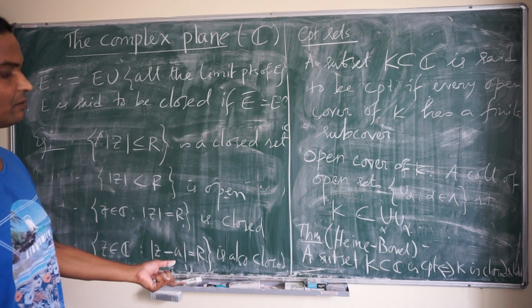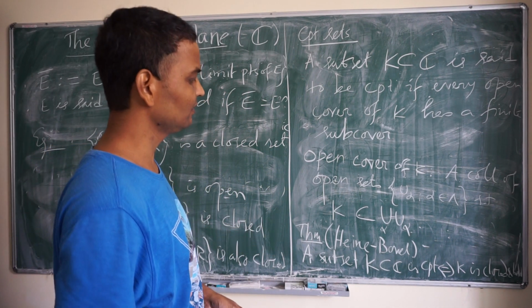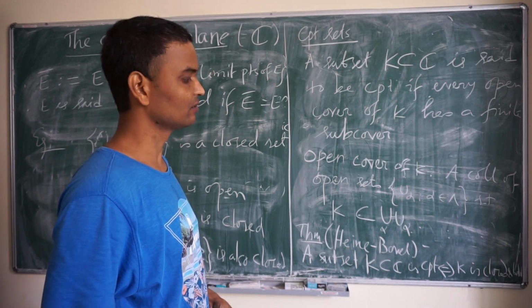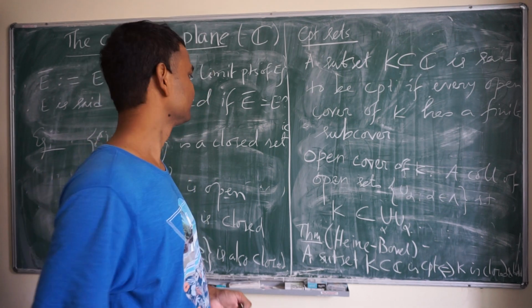Alright, so a subset K in C is compact if and only if K is closed and bounded.